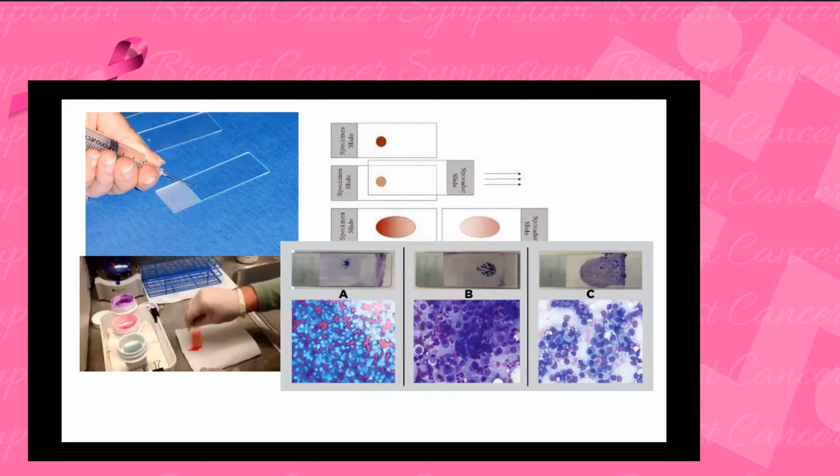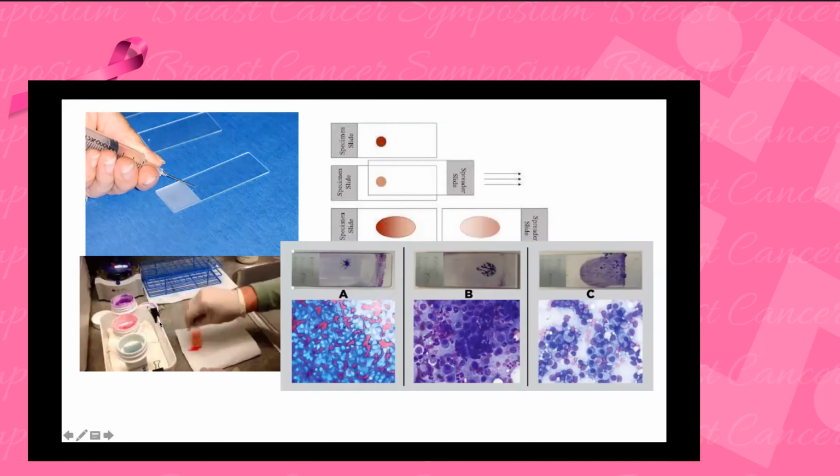A second clean slide is then pressed gently onto the material or the blob that you have evacuated onto the slide, and you gently move them in opposite directions, therefore creating two slides that both have evenly distributed cellular material. Now, you can decide if the one slide is going to be a dry slide, so you would not spray fix it. The other one needs to be fixed so that we're able to do a Pap stain on it.